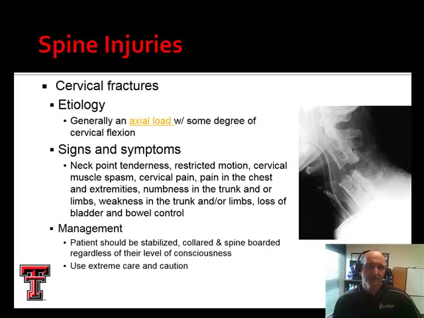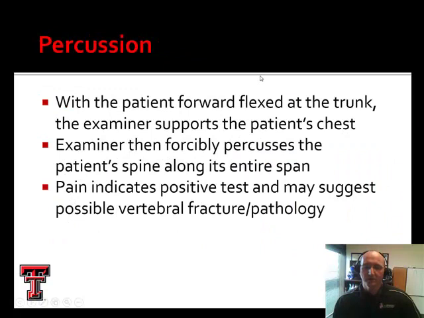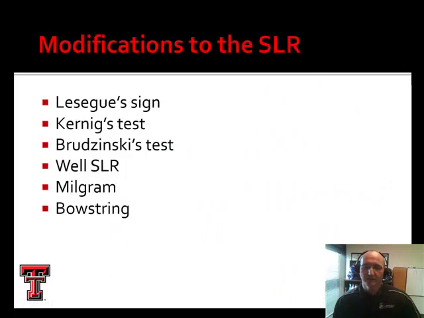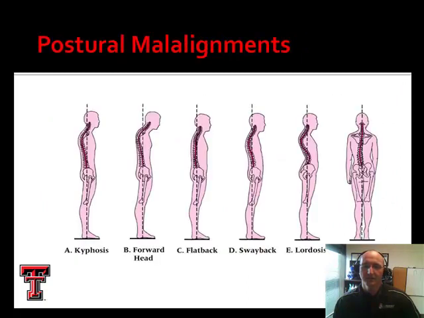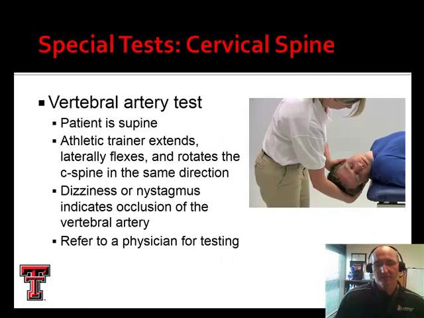Okay, so that leads us to spinal injuries. First thing we'll look at is cervical fractures. Generally, a fracture results from an axial load. So ordinarily in the spinal cord, we'll go back several slides here and look at this posture again. Okay, so this patient has a relatively normal cervical spine. You notice this anterior convexity, posterior concavity. We've got some amount of extension in our spine.